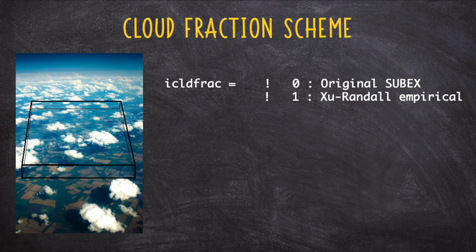Now, the cloud fraction scheme. This scheme is the parameterization that is able to formulate what portion of the grid contains a cloud. So the model has 2 schemes.